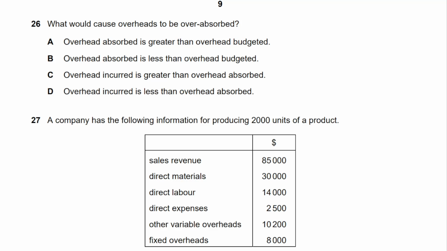So what was incurred, that's gonna matter. Overhead incurred is greater than overhead absorbed. That would be under absorption. Overhead incurred is less than overhead absorbed. That means we absorb too much, and that is overabsorbment as compared to the real overheads, right? The actual overheads incurred were less than the overhead that we absorbed. We attached to each piece produced. Right, let's move on.